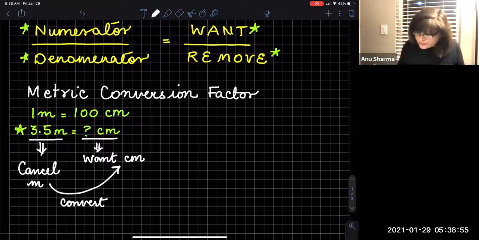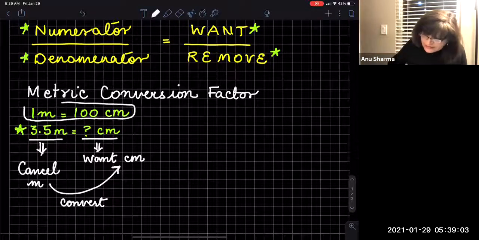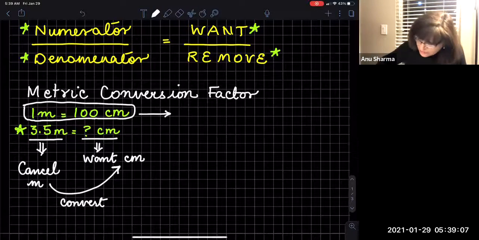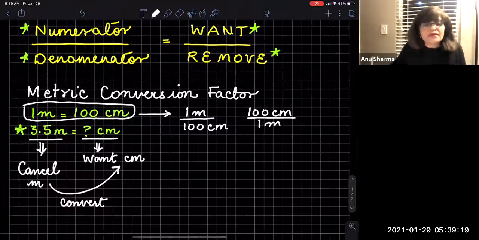Now, how are you going to do that? Every time you use a reference, which is, we know that 1 meter is equal to 100 centimeters. So the two conversion factors of this are 1 meter over 100 centimeters, or 100 centimeters over 1 meter.